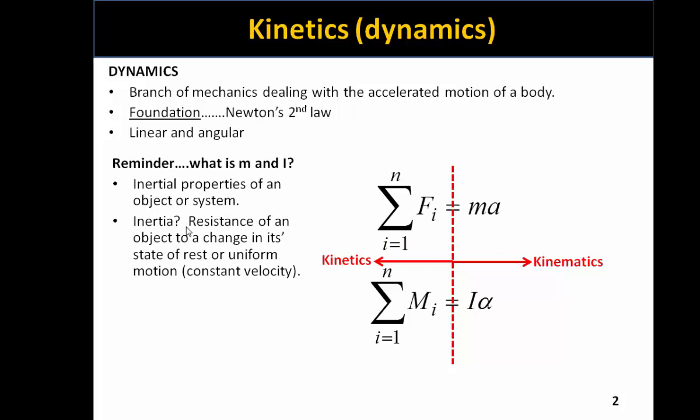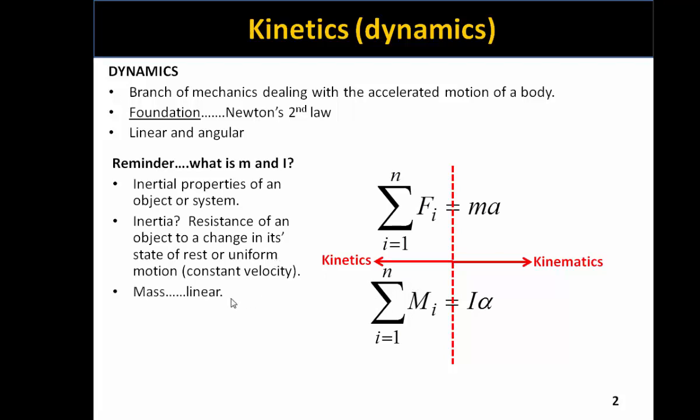Generally, inertia refers to the resistance of an object to a change in its state of rest or uniform motion. An object could be in motion, experiencing a constant velocity, but to change that constant velocity, a net external force, or a net moment of force if the object is rotating, would have to overcome that inertia.